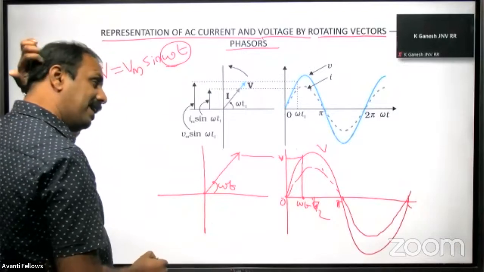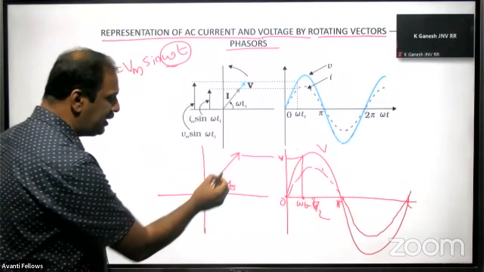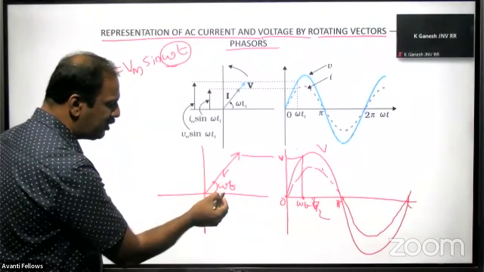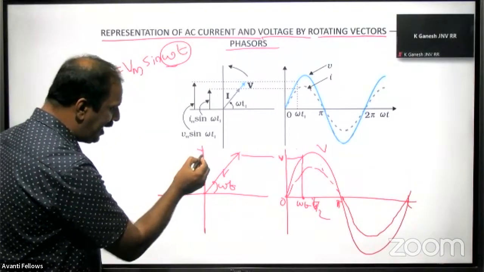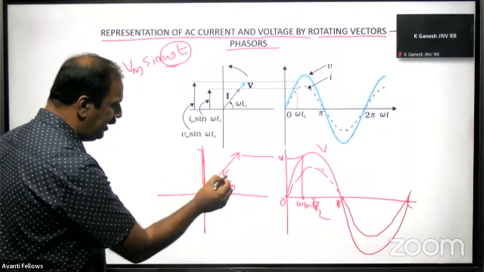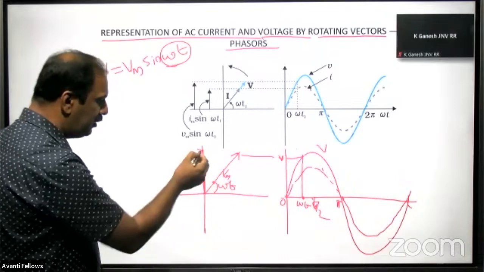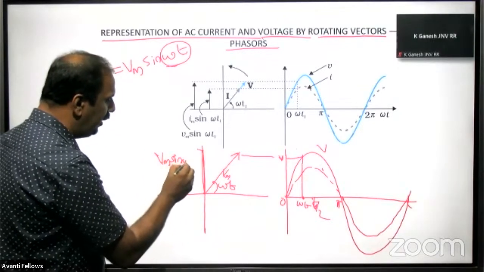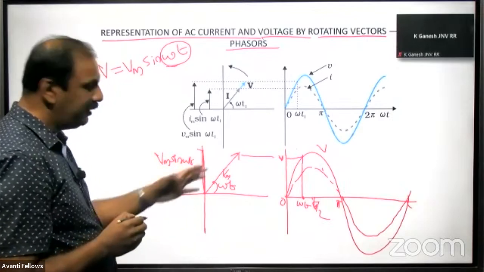If this angle is omega t, the length of this vector is Vm. So this height will be Vm sine omega t. I think that's clear now.